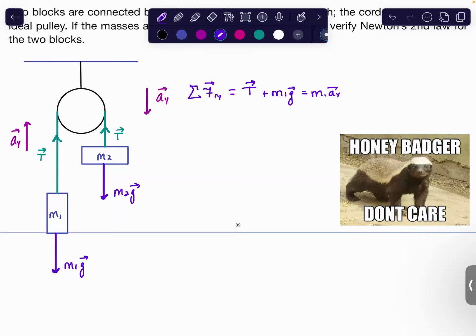And to help ourselves, positive Y is going to be up. Okay, so that's going to be tension minus m1 g equals m1 a1y.